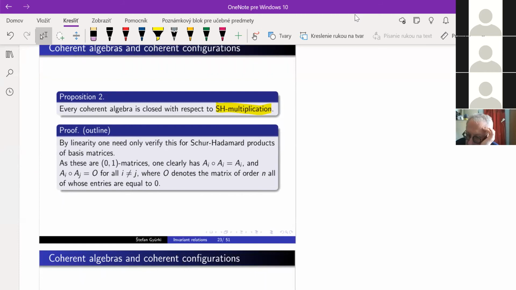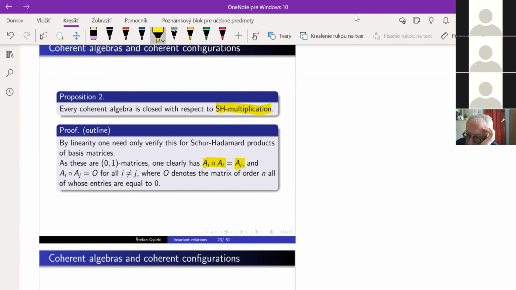If you multiply a basic matrix with itself, then you obtain the same matrix, because you are multiplying 0 with 0 and 1 with 1.